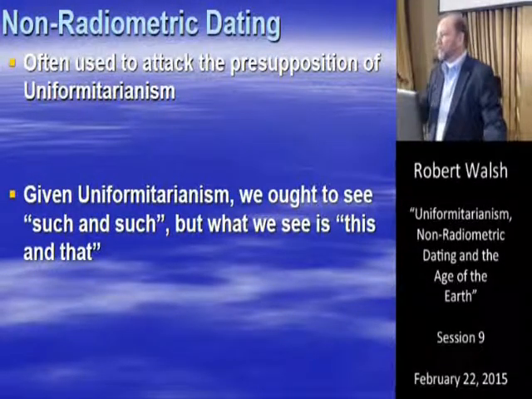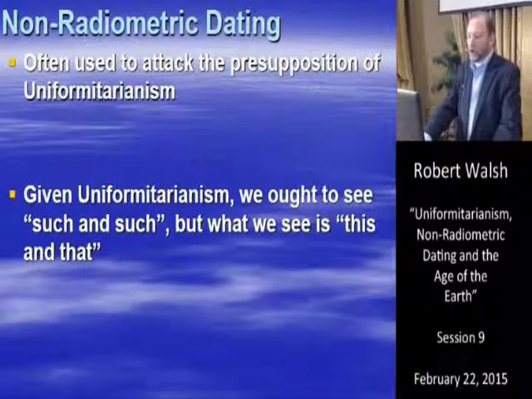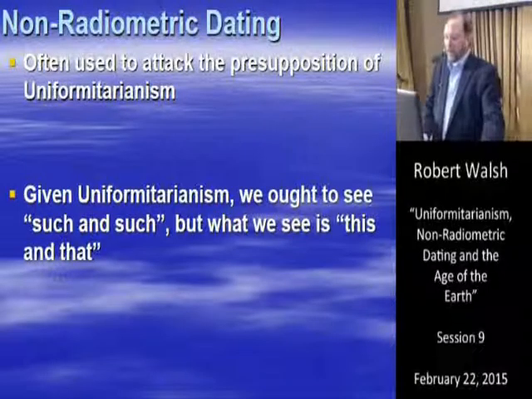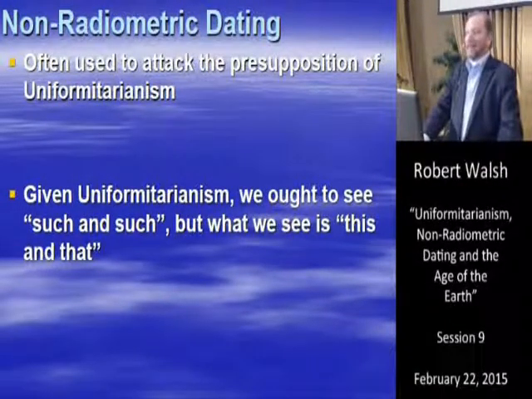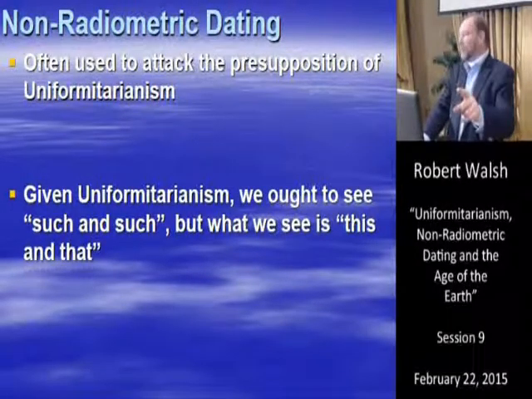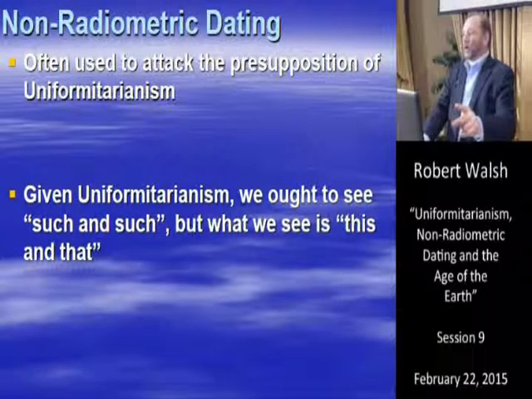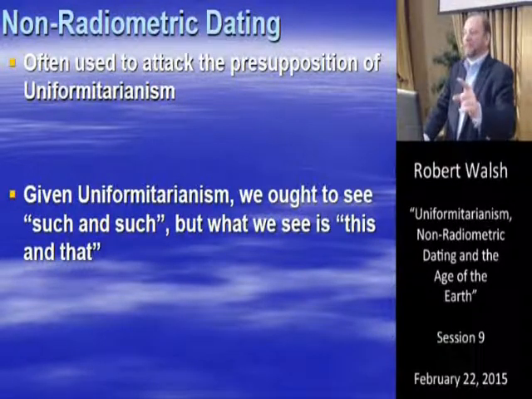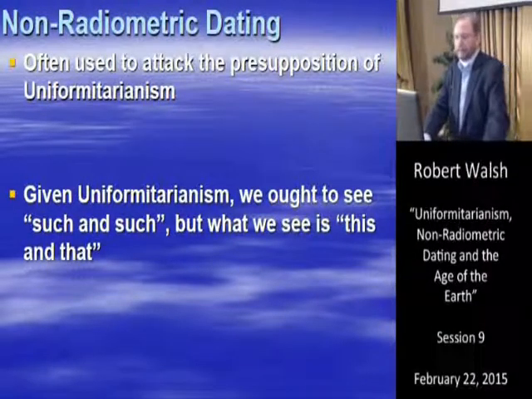Let's assume this to be true, and we find a problem. So given uniformitarianism, we ought to see such and such, but what we see really is this and that. So you use the idea of uniformitarianism, you look at a geological process, and you find out that it can't possibly work because the data doesn't support it. And we'll take a look at some of these.